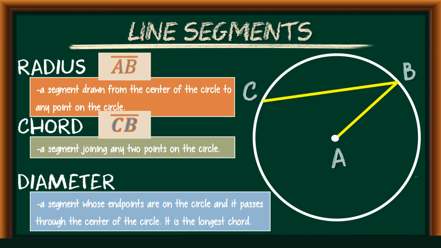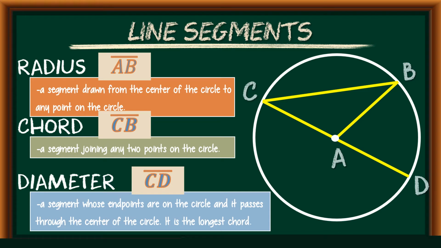So, if we have point D here, and we connect C and D, dadaan siya kay center A, then we have a diameter of line segment CD. Okay? Take note of the notations. Meron tayong bar sa taas to denote a line segment.